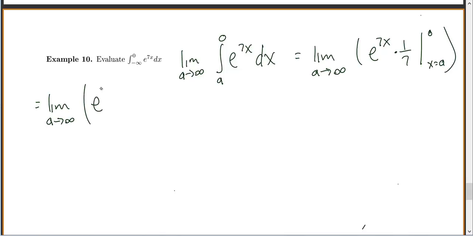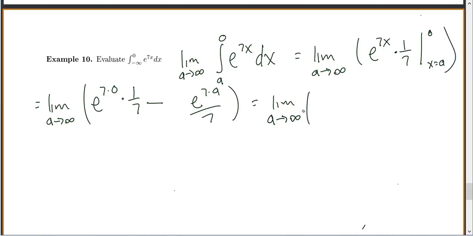This is going to be e to the 7 times 0 times 1 over 7, minus e to the 7a over 7, and this is still the limit as a goes towards negative infinity. E to the 7 times 0 is just 1, so we have 1 over 7 minus e to the 7a over 7.